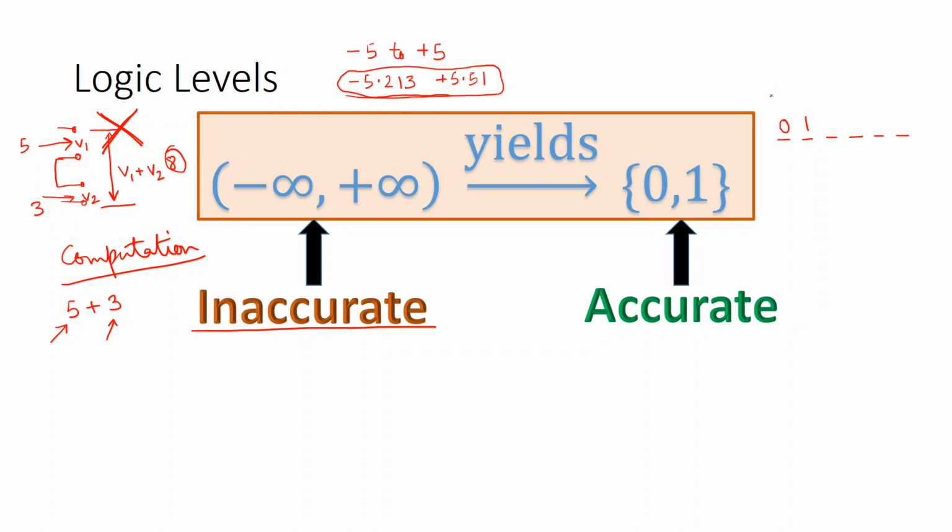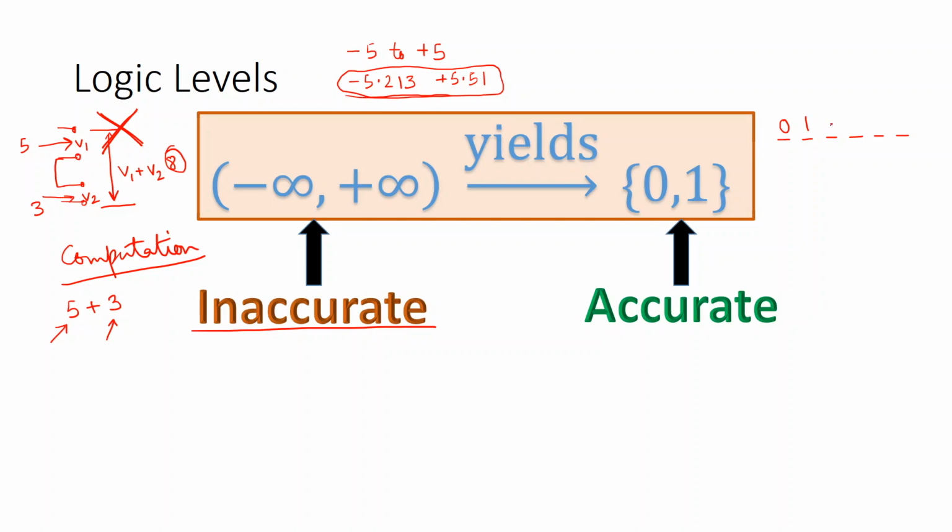So instead of the analog value of the voltage, you are seeing 0 or you are seeing 1. Then any number or any value that you are given, you can encode in terms of zeros and ones and obtain a binary word.